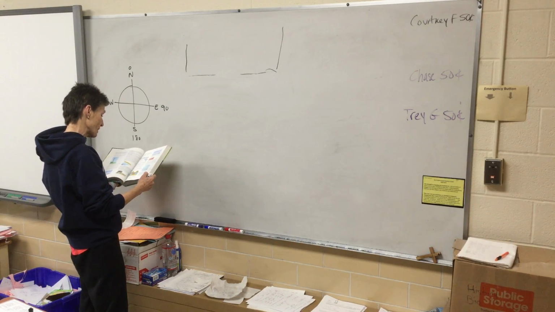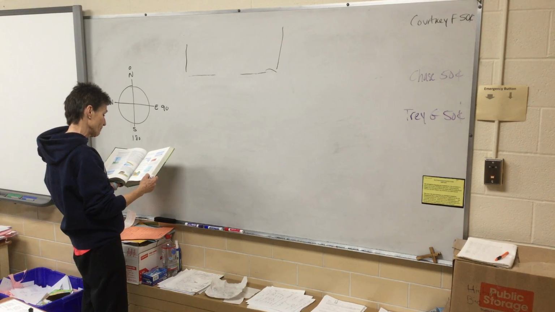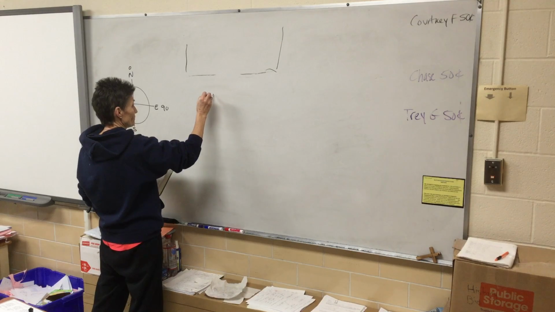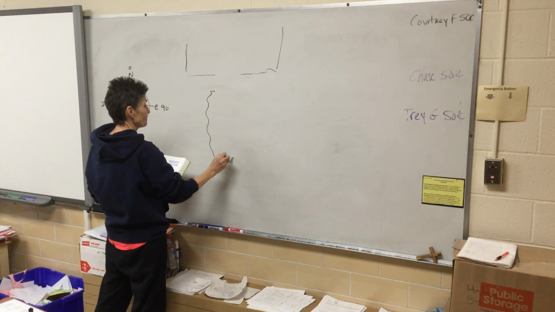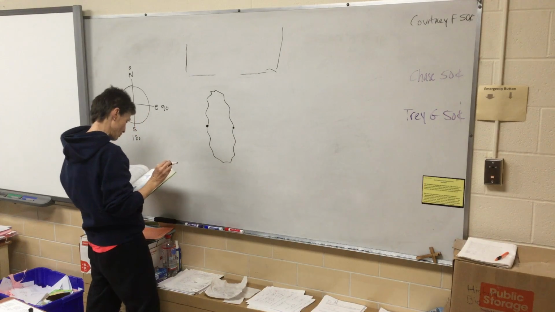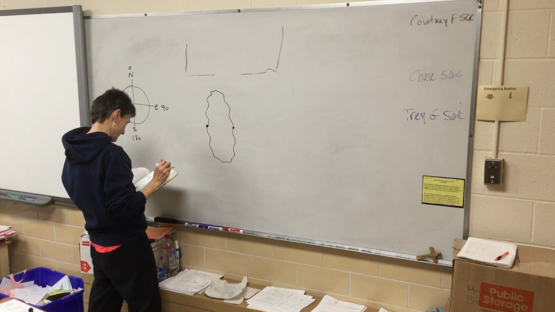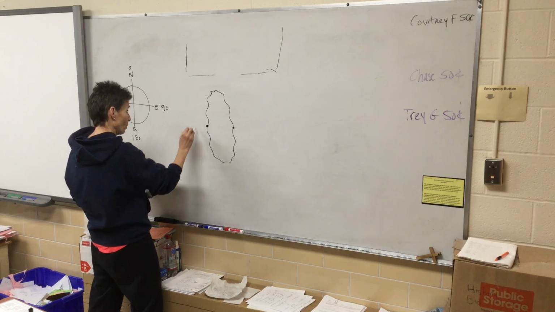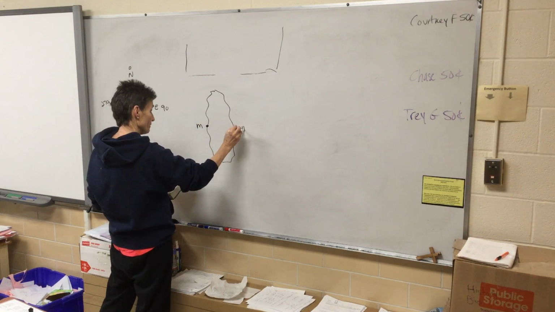Milwaukee is directly west of Grand Haven, Michigan, on opposite sides of Lake Michigan. Okay, so let's say here's Lake Michigan, and these two cities, Milwaukee is west of Grand Haven.